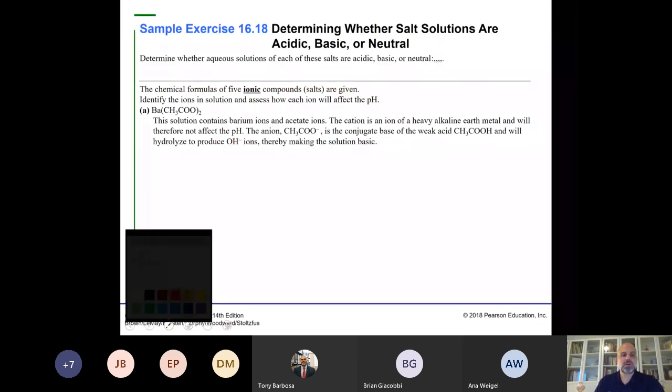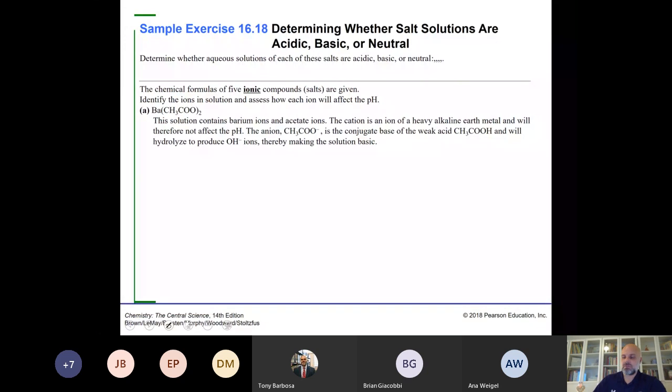So what they're saying here is, if we draw this out, we have barium 2+ ions, and we try to react that with water. You can see that essentially there is a zero reaction occurring here. So the barium isn't going to form an acid or a base. It's not going to form an acidic solution.